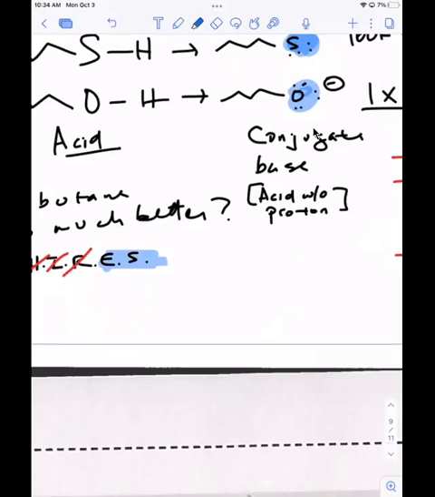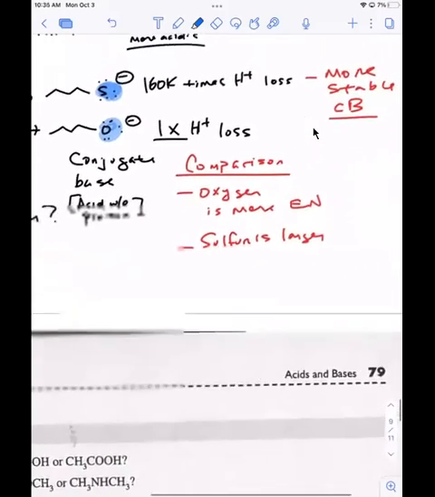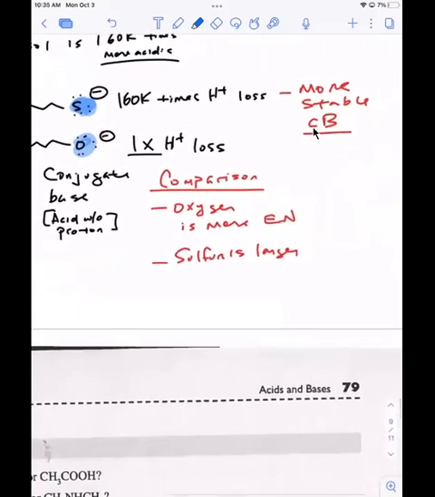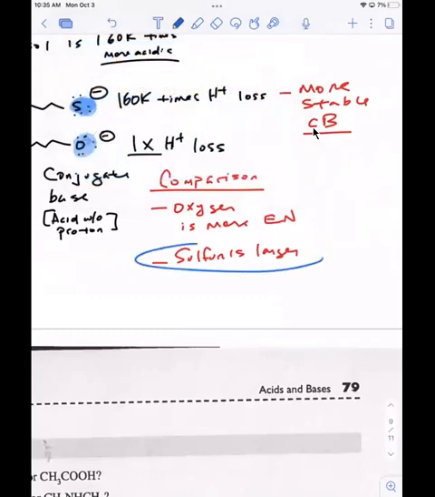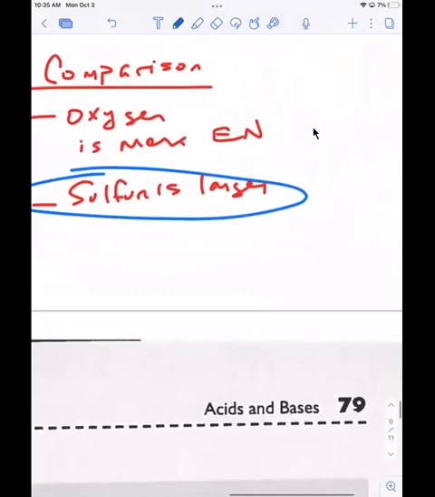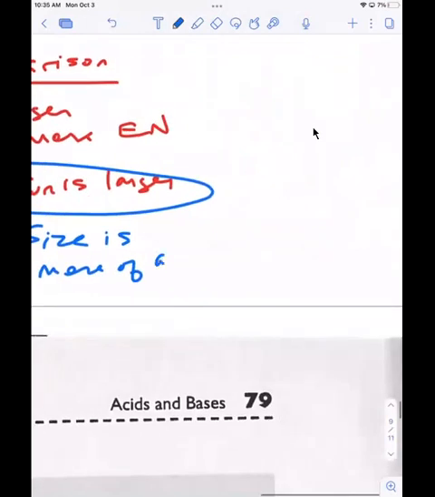Size. That's the whole conversation I'm trying to lead to. So oxygen is more electronegative. Sulfur is bigger. So we can say that size is more of a stabilizing factor.